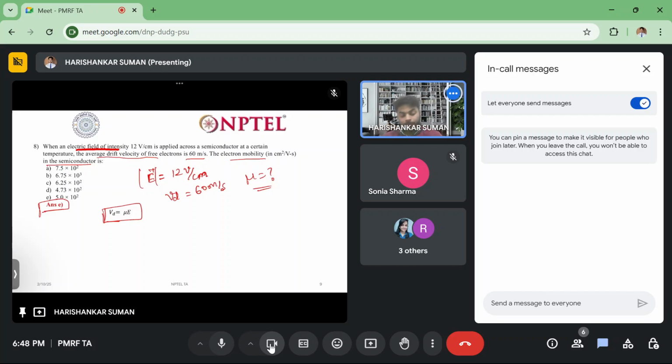So put this value in this equation. Let's say E is 12 volt per centimeter. Please convert into SI unit.